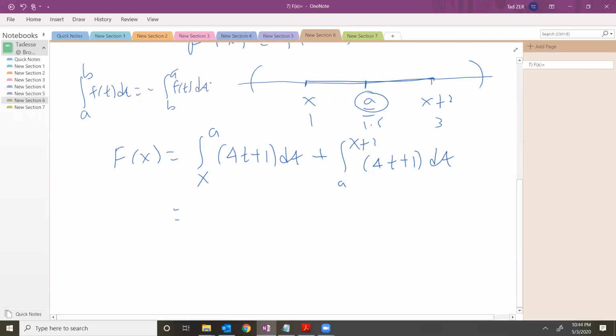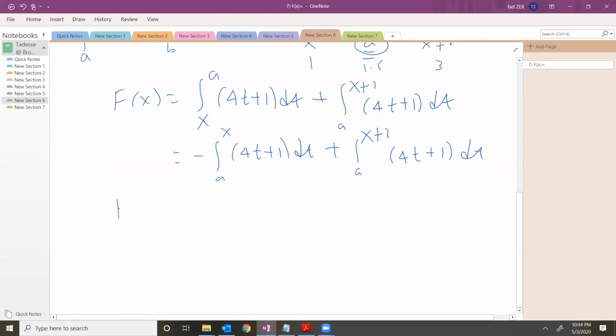So basically you can change the limits of integration, the lower limit and the upper limit, and then you need to have a minus sign in front. So in this case here, it becomes a to x. Why are we doing all that? We just want to make sure that it's exactly like the second fundamental theorem of calculus. That's it.